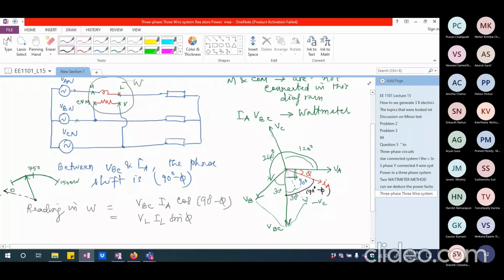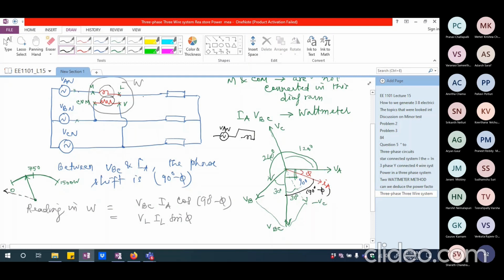If it is kicking back, if one of them is completely reversed, either the potential coil is reversed or the current coil is reversed. So you have to turn off the power supply from the entire system, and reverse the current coil. So if I may call this as M and L, L should be connected here and M should be connected on the other side. So I would connect it in such a manner that this is VAN, and this is the wattmeter.